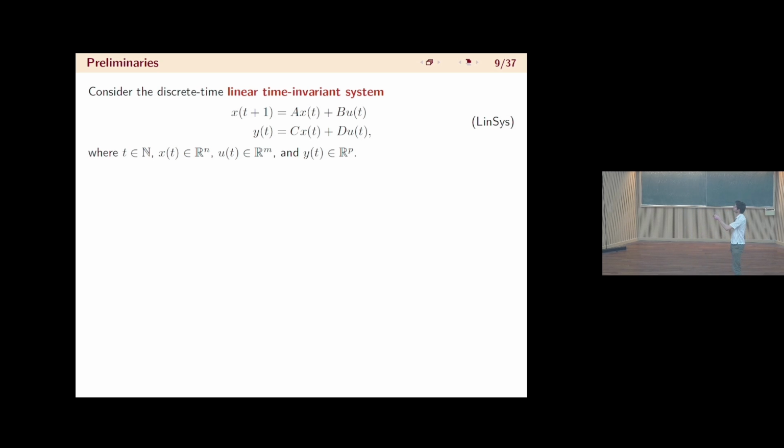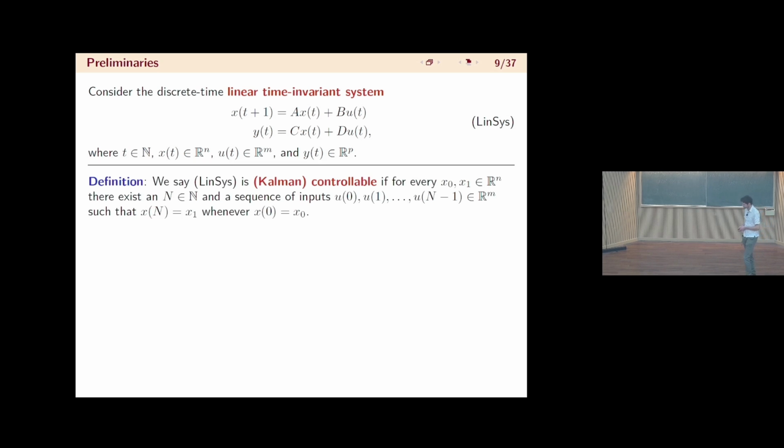And the matrices that you see here, A, B, C, and D, are real matrices of appropriate dimensions. Finally, t here denotes time, and it's assumed to be a natural number. So time runs from 0, 1 to infinity. Okay, good.